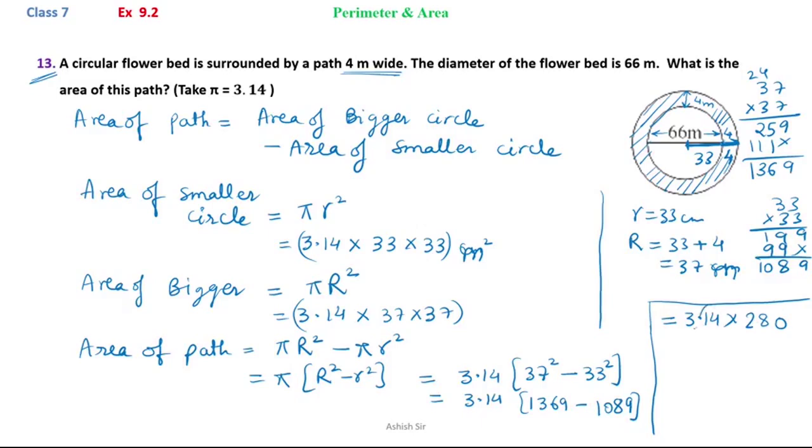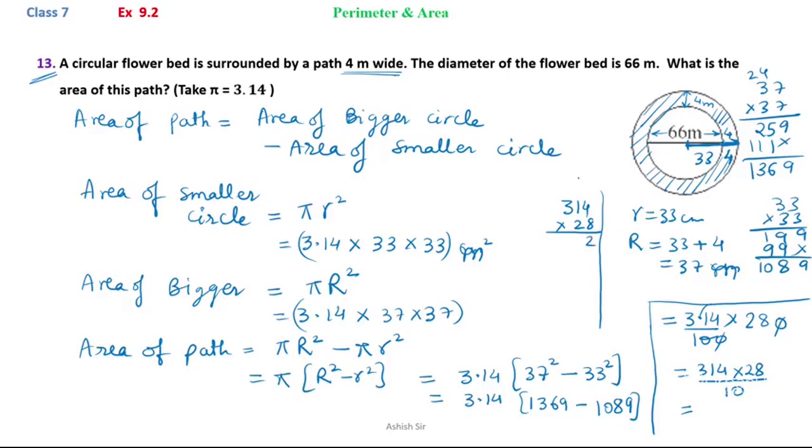Now we can remove this point, place 100 here, 0 0 cancelled. Now we can just multiply 314 with 28. So we have 314 multiplied by 28, divided by 10. 314 we have to multiply by 28 to get the answer.